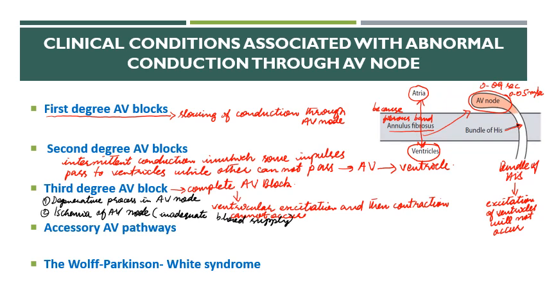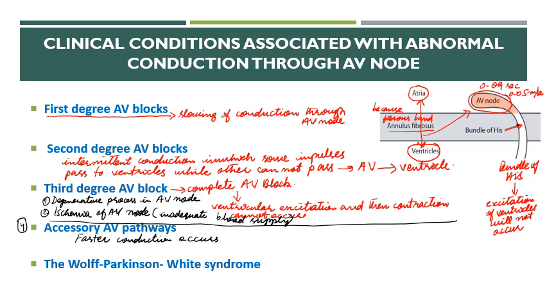The fourth type of problem is accessory atrioventricular pathways. In contrast to atrioventricular blocks, in accessory pathways, faster conduction occurs.